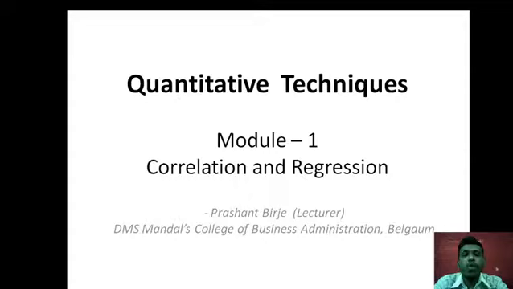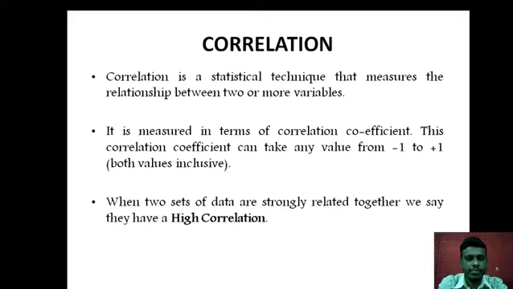If two quantities vary in such a way that movements in one are accompanied by movements in the other variable, then these quantities are said to be correlated. So if we want to define correlation, correlation is a statistical technique that measures the relationship between two or more variables.